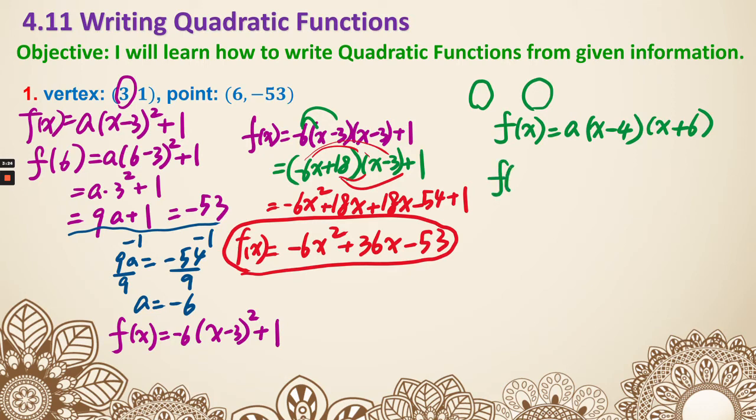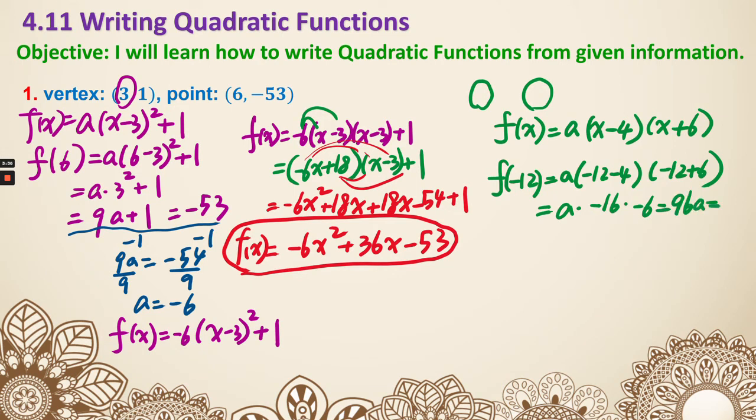So plug in negative 12. So a times negative 12 minus 4 times negative 12 plus 6. That's going to be a times negative 16 times negative 6, which is 96a, which is 48. And that means a is 1/2. Now I'm going to know my function is 1/2 times x minus 4 times x plus 6.